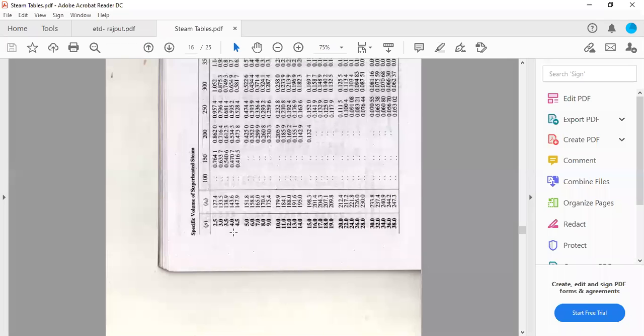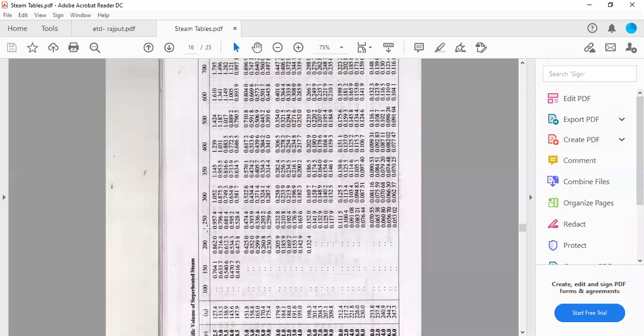See, there is a pressure of 5, 6, 7. What is your pressure? 6.8 something. And what is the temperature? See here 4.5 bar, 5 bar, 6 bar, 7 bar. So at 7 bar, for example, approximately, you can read the enthalpy value.